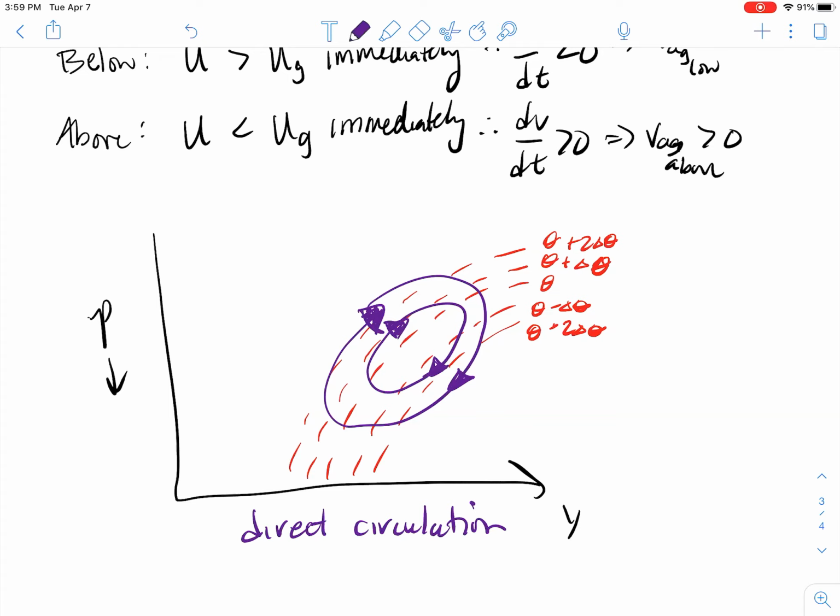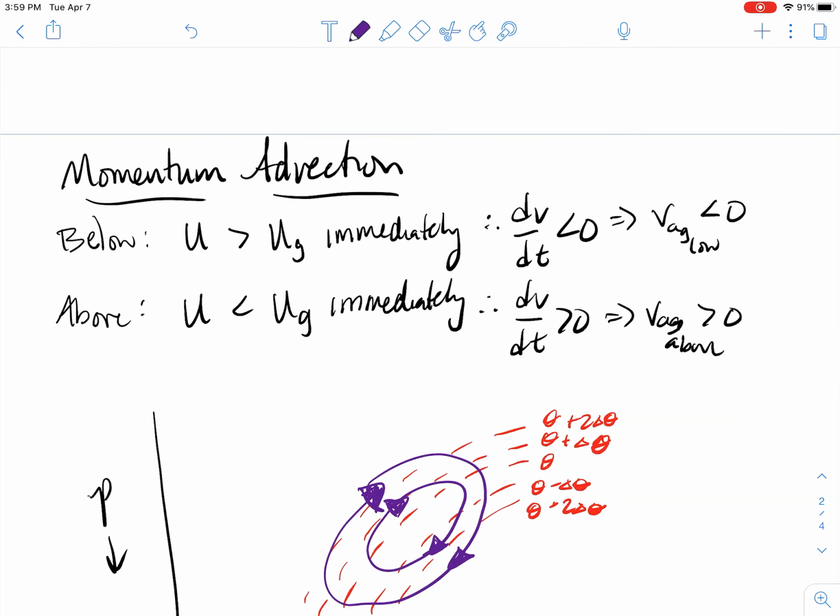If we didn't have some of these ageostrophic components, specifically here this second piece about our momentum advection with our ageostrophic flow, we would not be able to get our frontogenesis in a realistic amount of time, which is what we were seeing with our QG equations.